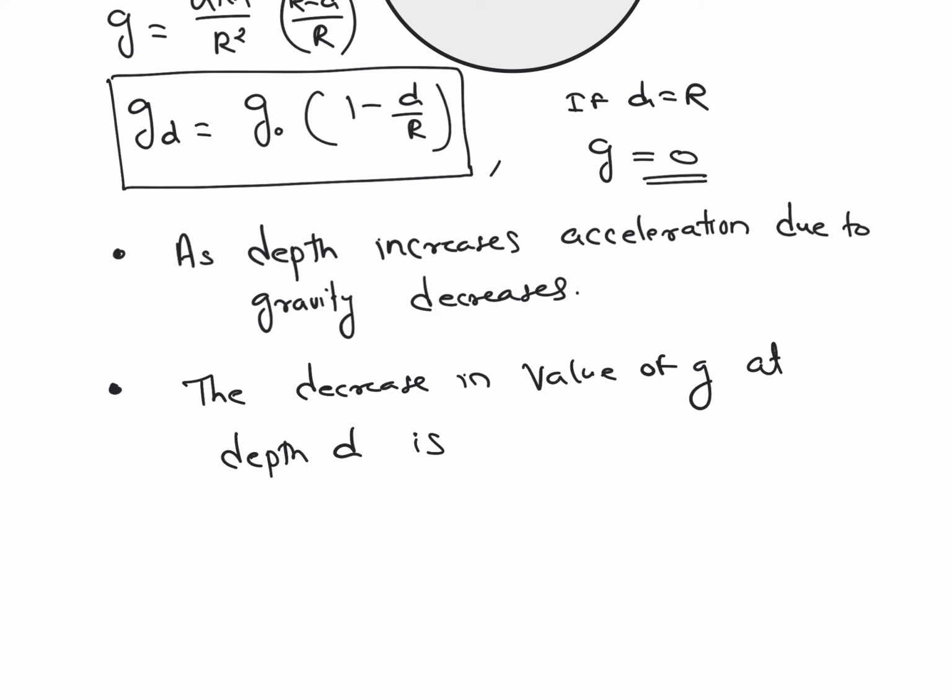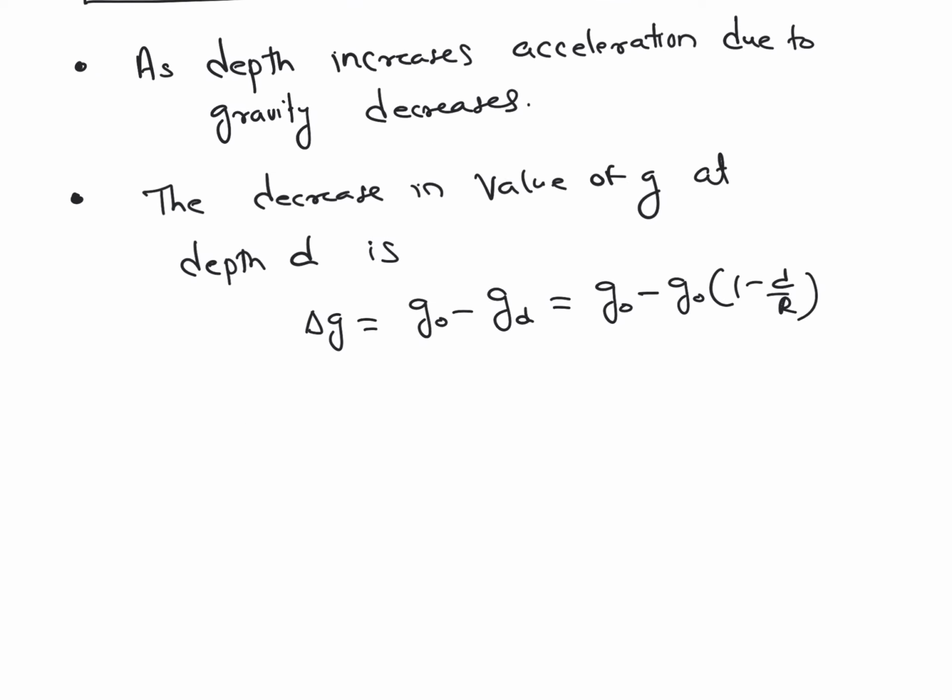The decrease in the value of g at a depth d is the actual value minus the value at depth d, so g naught minus g naught into (1 minus d divided by R). So the change in acceleration due to gravity is the acceleration due to gravity on the surface into d divided by R.